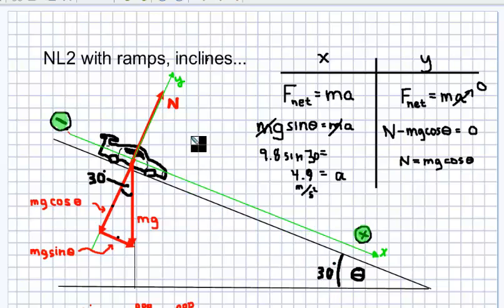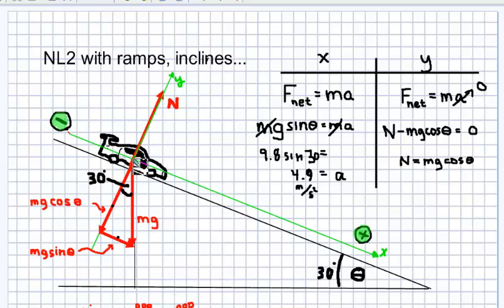Okay, so how do you attack any problem with ramps? First of all, tilt your coordinate system so that you have one axis that's aligned with the acceleration, one axis that's anti-aligned with the acceleration. Your normal force will always fall right upon your y-axis. Your gravity force will run straight down.